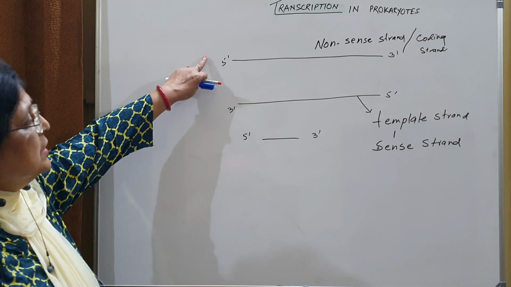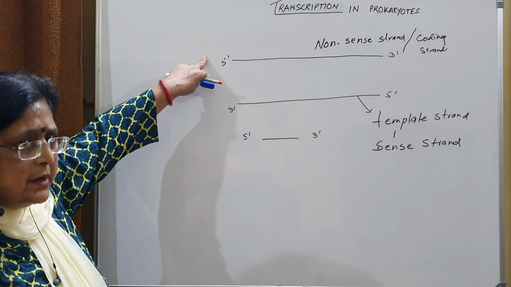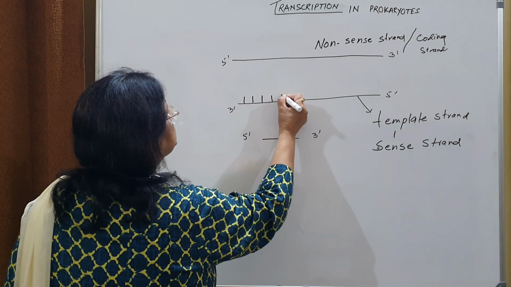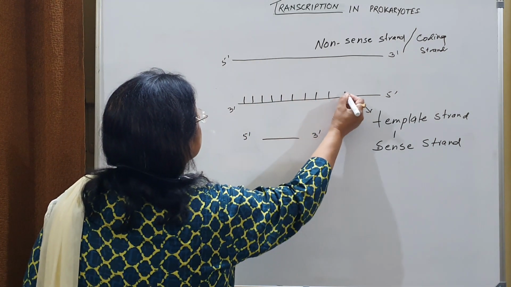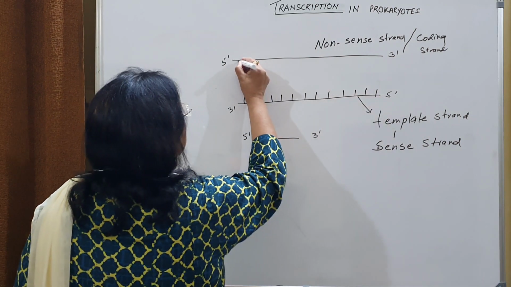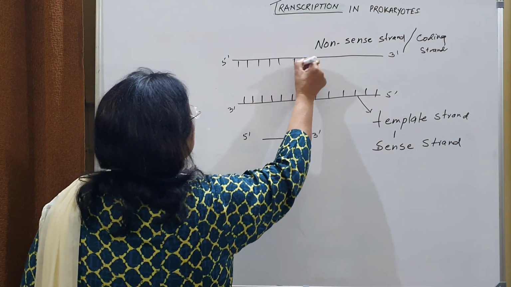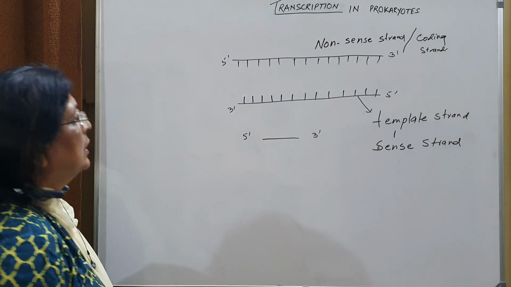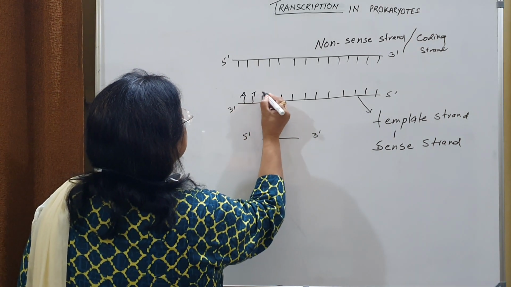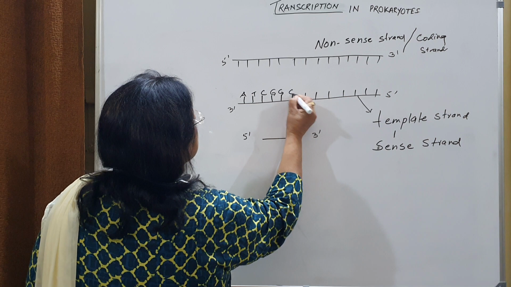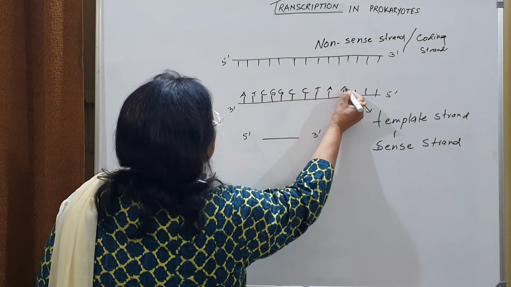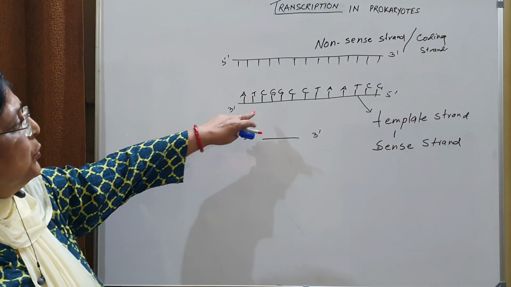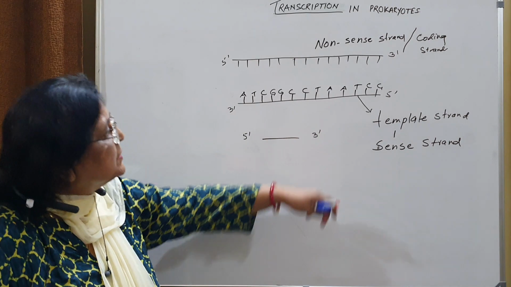Now, why is this one known as a coding strand? Let us see that. Now we find the bases present over here. Suppose we have A, T, C, G, C, T, A, T, C, G. This is the base sequence on the lower strand, that is the template strand.